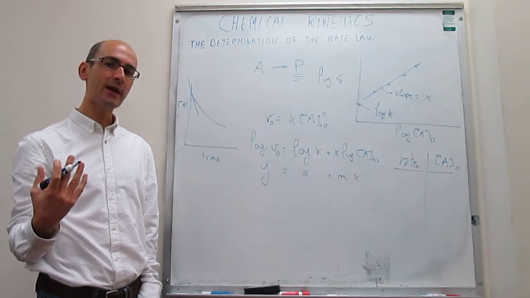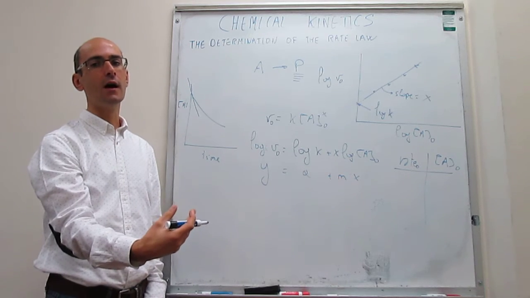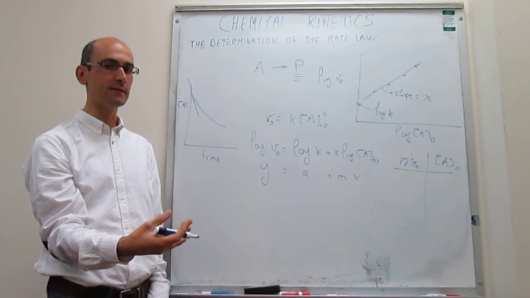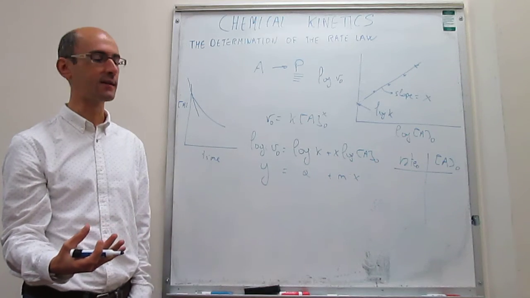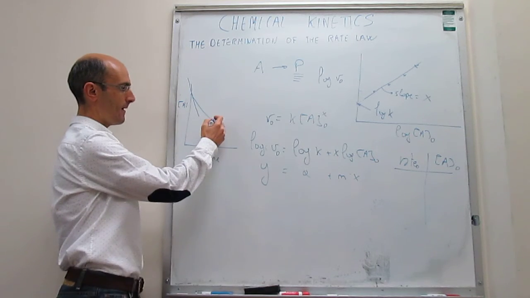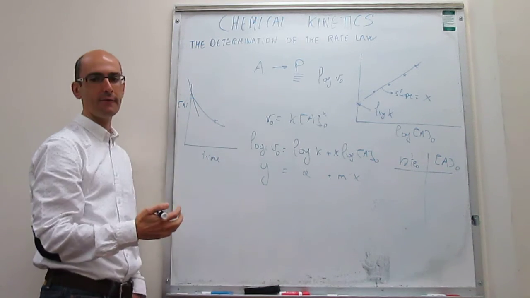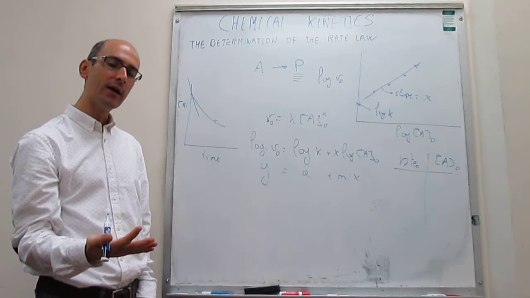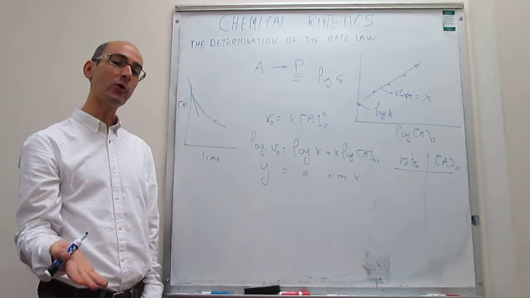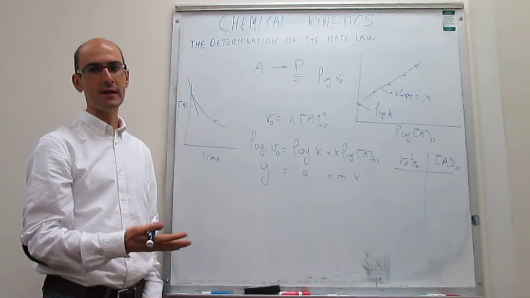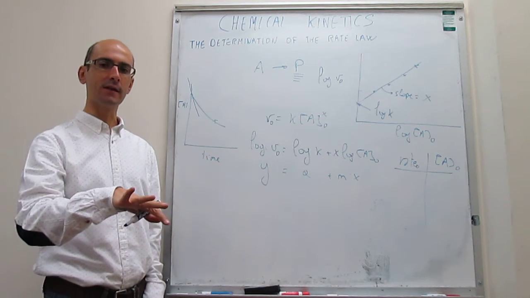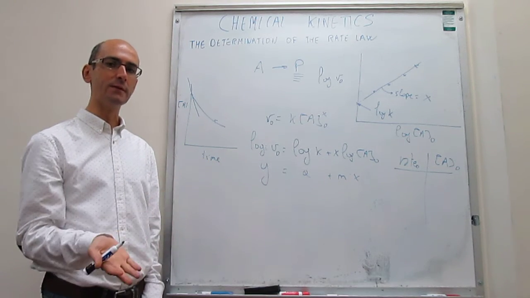If this is at the start of the reaction, then the amount of P that is going to be interfering with the signal that you get for A will be very minor, and you can completely neglect it. However, if you try to determine the concentration of A after some time has elapsed, then you're going to have quite a bit of product around, and that product might overlap with the spectrum for your reagent, and then decoupling the signal for the product and the reagent will be difficult.